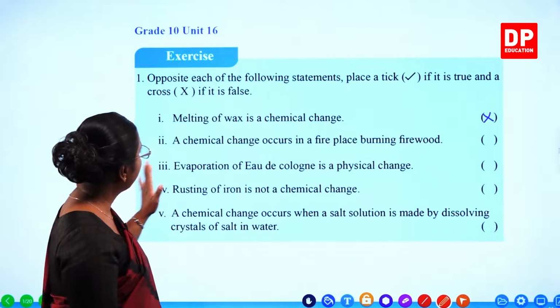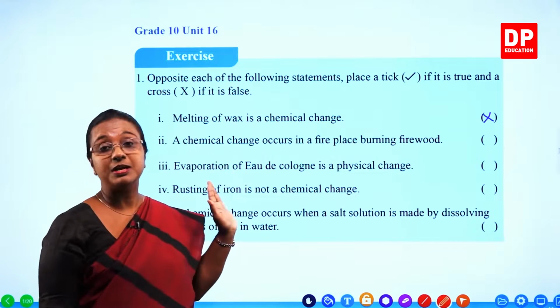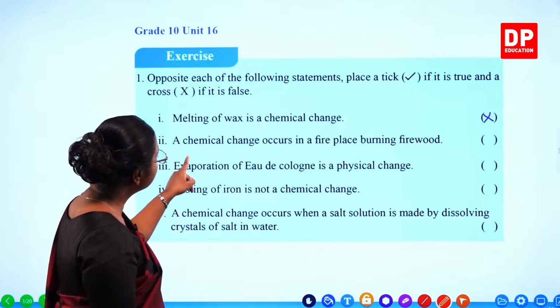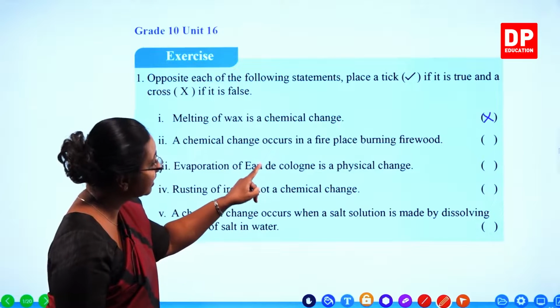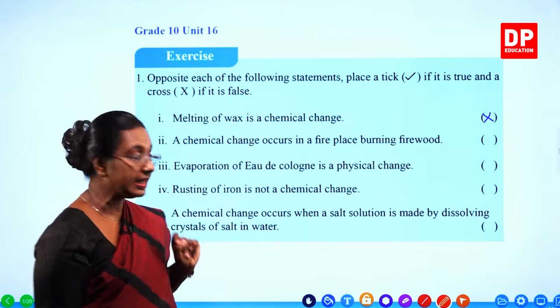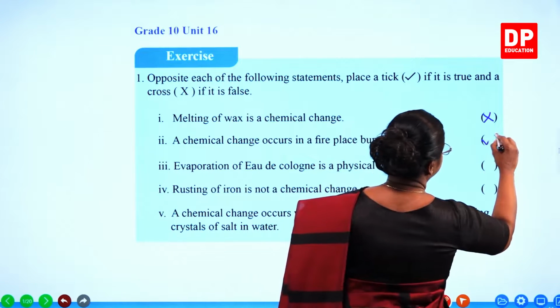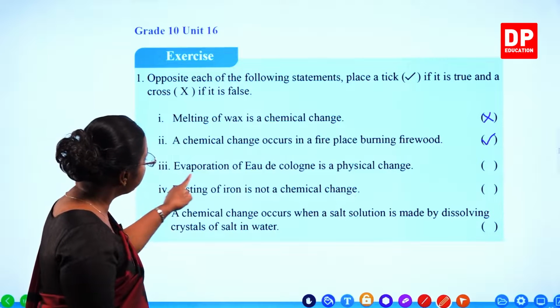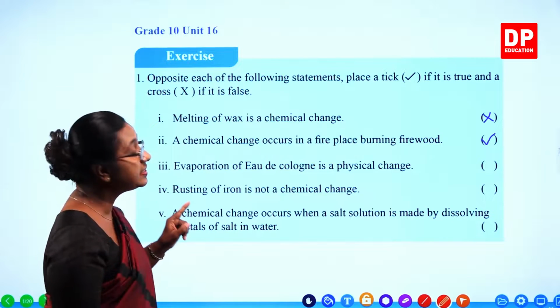So there you can remember it is a chemical change. Combustion is a chemical change. So a chemical change occurs in a fireplace burning firewood. That is a true statement. It is true.